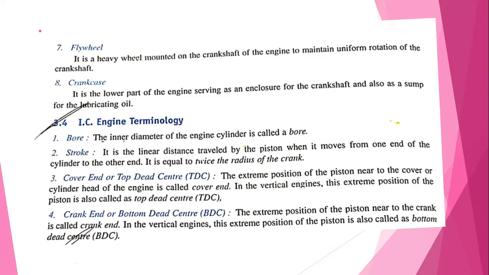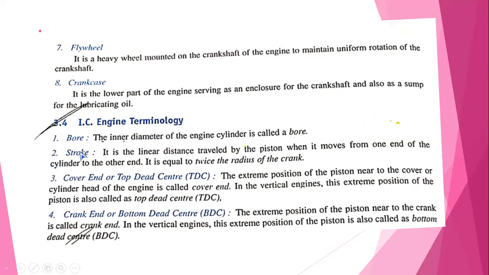I will show you the piston of the IC engine in later classes. Take the piston and the cylinder. In the cylinder, there is a hole. That is called the bore. I will show you the bore in the engine. It is the inside diameter of the cylinder.